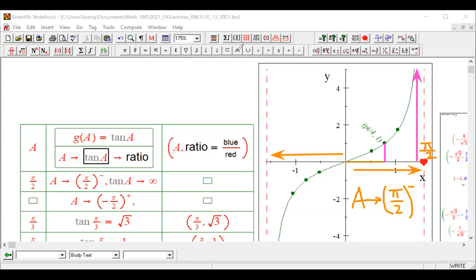On the other direction, at this point is negative pi over 2. So you're approaching negative pi over 2 from larger than negative pi over 2. So that's how you have this positive sign on the shoulder, okay?